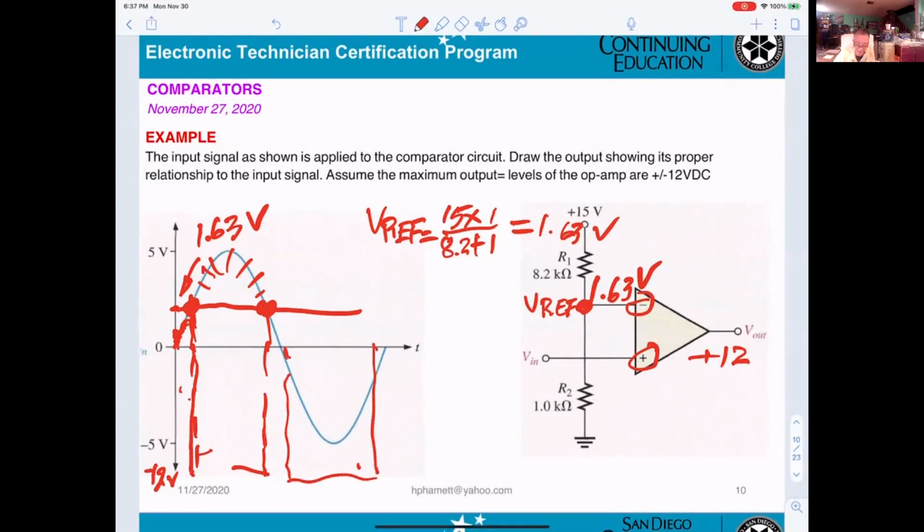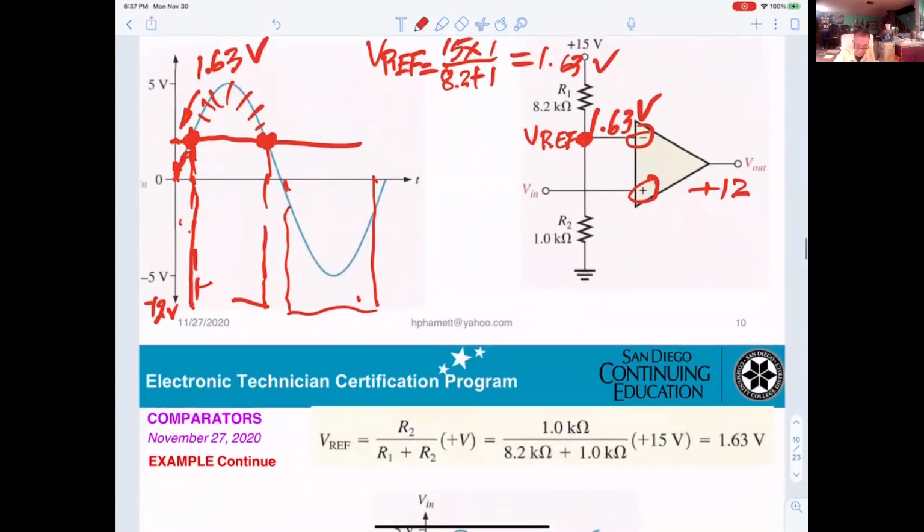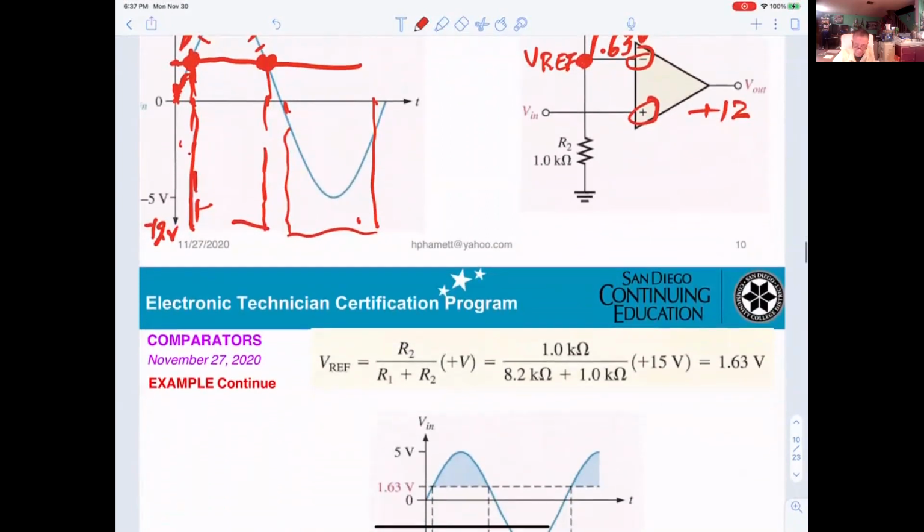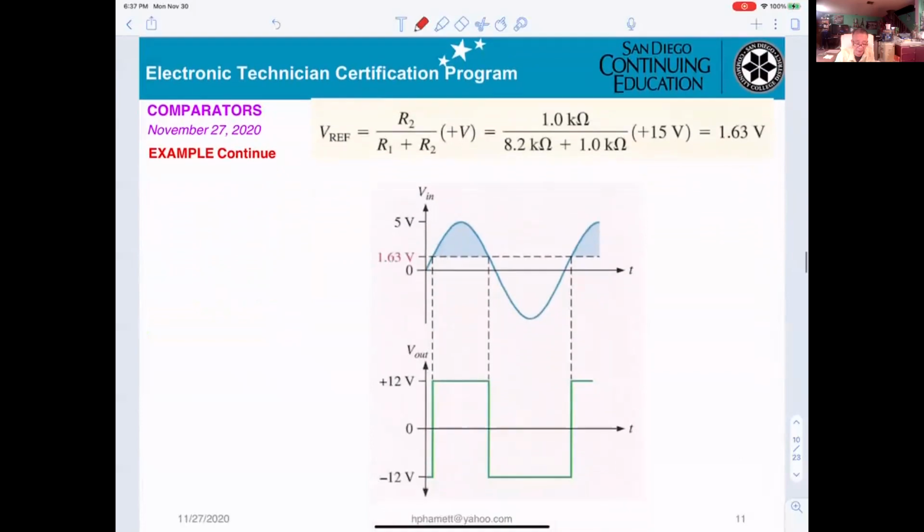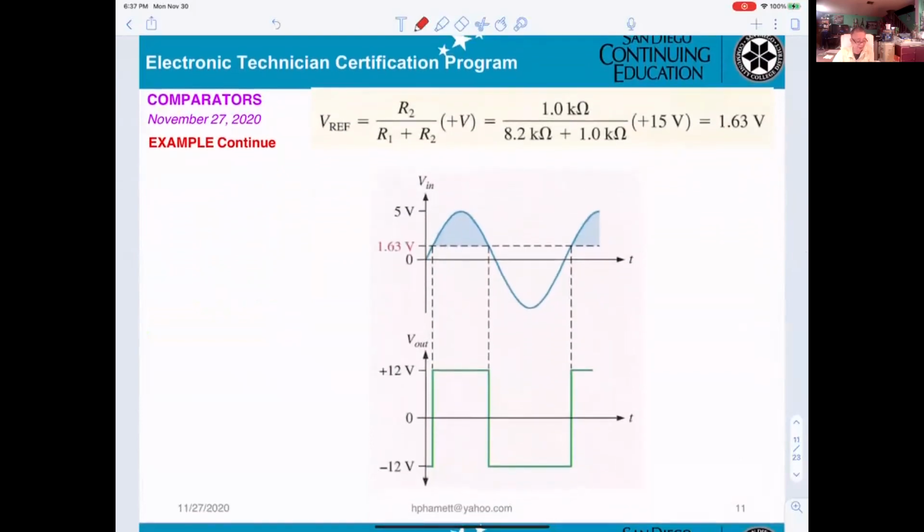Now I try to see if I have the answer for you here or not. Okay, this is the answer right here. The only thing is you have to try to understand it. When the input is less than 1.63, the output will be negative right here, minus 12. And when the input is higher than 1.63, it goes to 12.